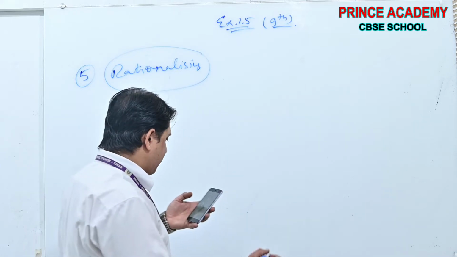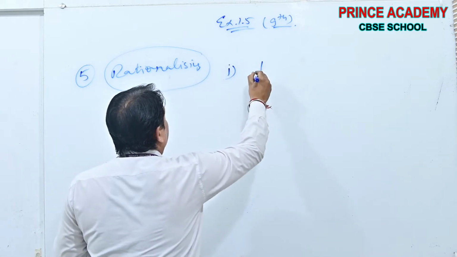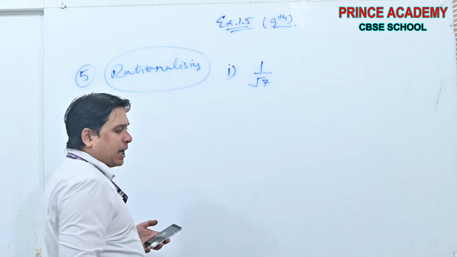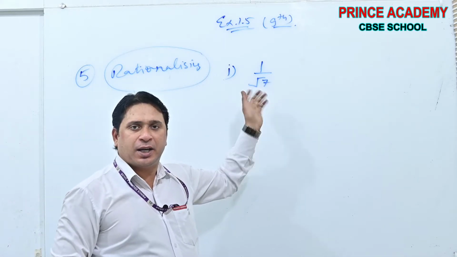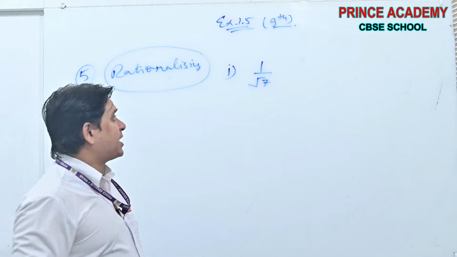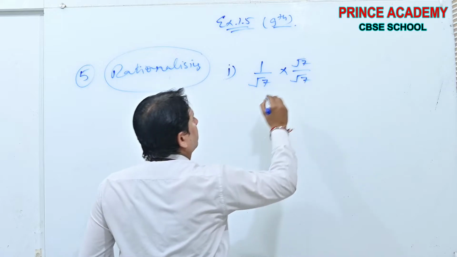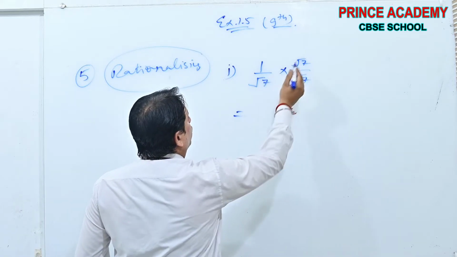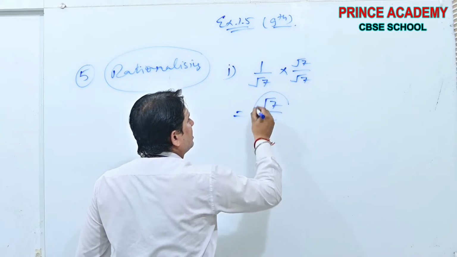Very easy and simple. See, question number 1 part first. 1 by root 7. See beta, whenever there is a single irrational term, simple beta, just multiply with it and divide with it. What will you get? 1 into root 7 over root 7 into root 7, which is 7. This is the answer.